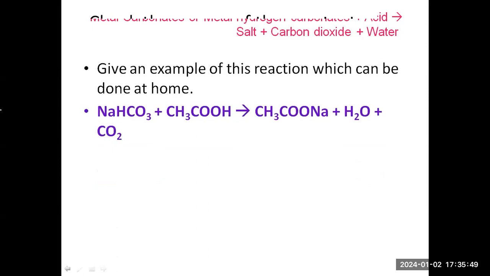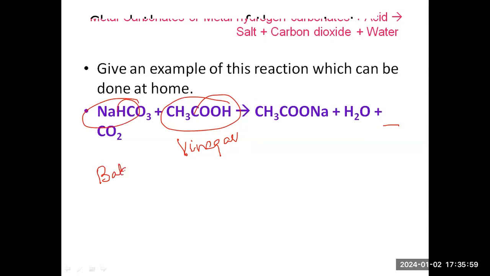vinegar and baking soda. This is vinegar. We have it in our kitchen, and this is baking soda. So when you put some baking soda in vinegar, you see a lot of bubbles. Those bubbles are of carbon dioxide gas, right? And this is the salt produced.